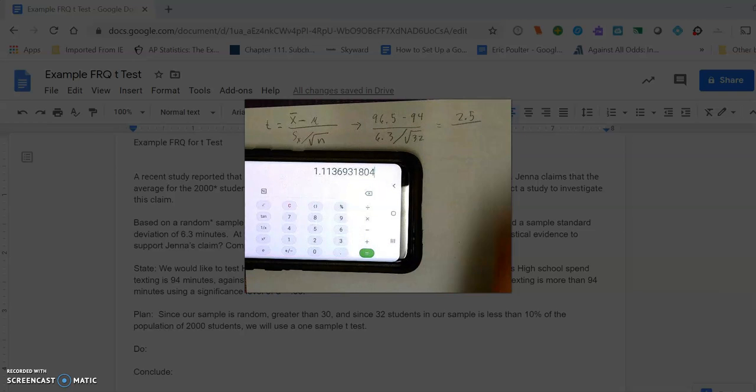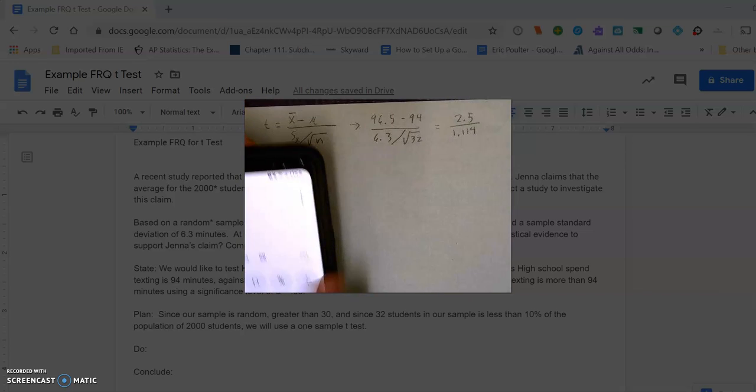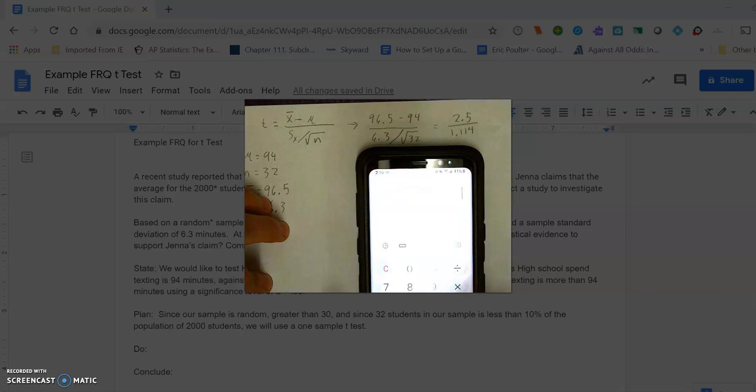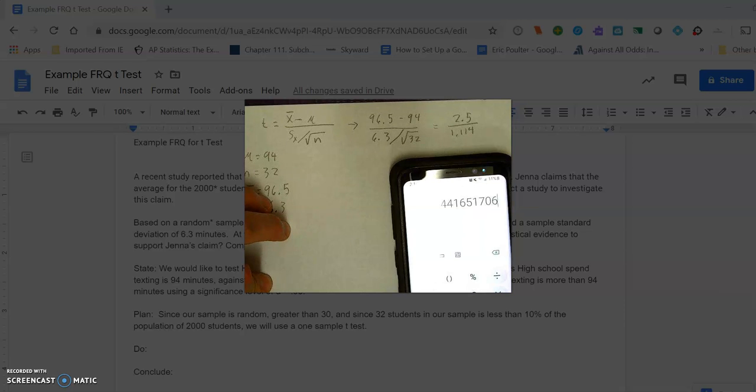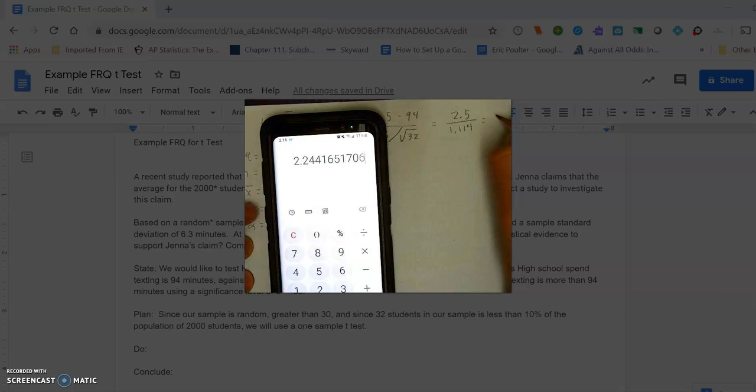So the denominator is 1.114, if I'm rounding, which I'm going to. Then 2.5 divided by 1.114. There's your critical t, 2.24.